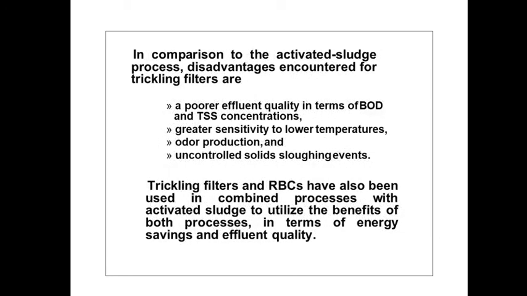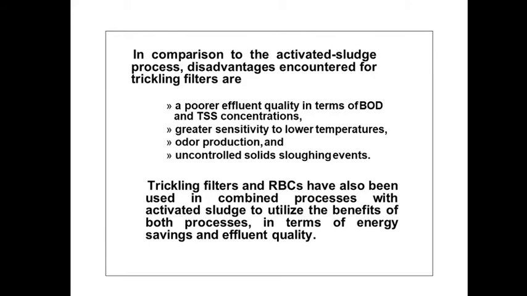So in comparison to the activated sludge process, the disadvantages encountered for trickling filters are poorer effluent quality in terms of BOD and total solids concentration, greater sensitivity to lower temperature, odor production, and uncontrolled solids sloughing events. Okay, so these disadvantages are overcome by using modifications of the trickling filter.